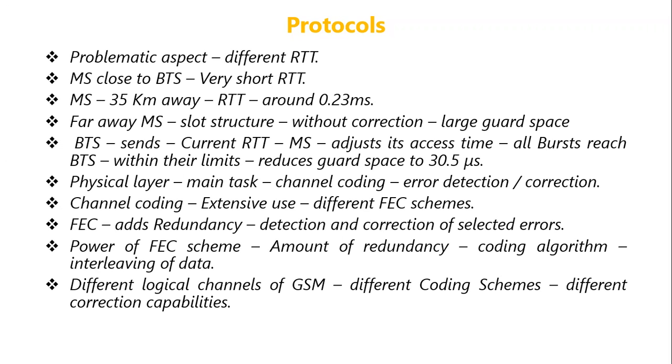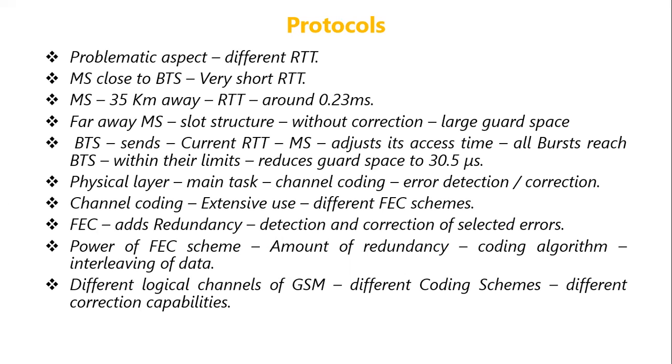So we cannot reduce that RTT to less than 0.23 millisecond. Because of this, the maximum distance between an MS and BTS is 35 kilometers. It might be possible to receive the signals over long distance, but to avoid collisions at the BTS, access cannot be allowed.